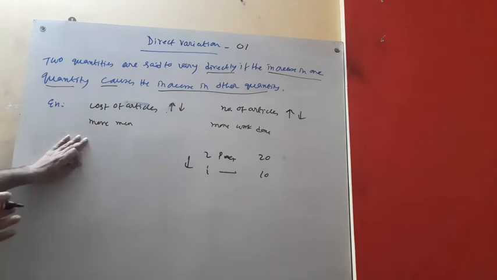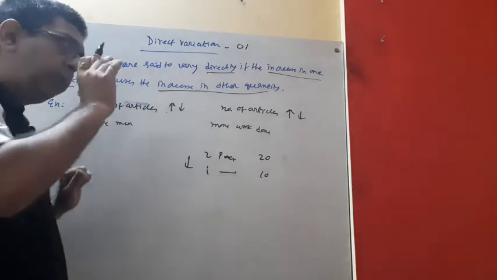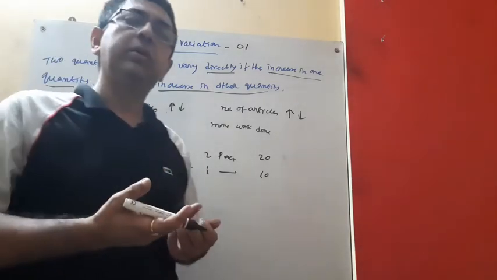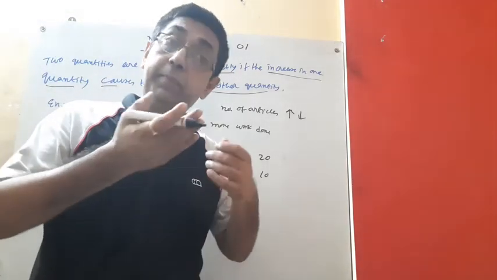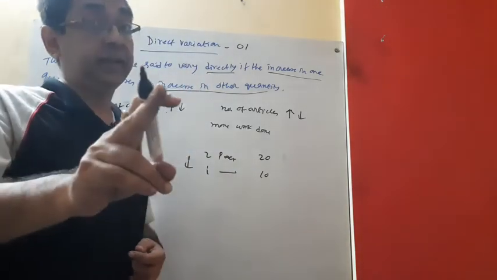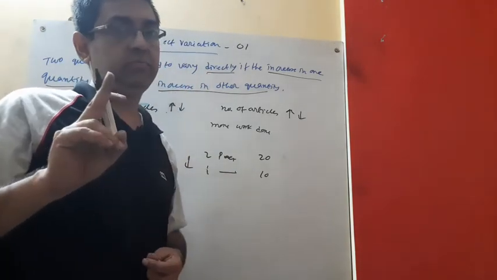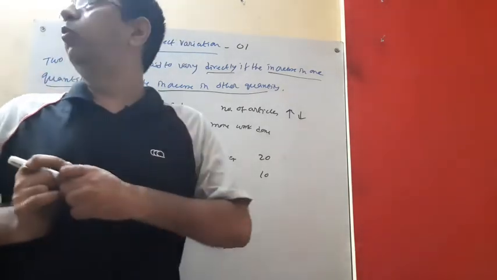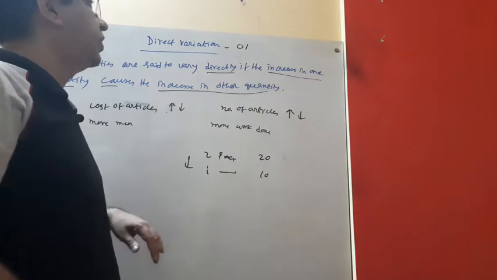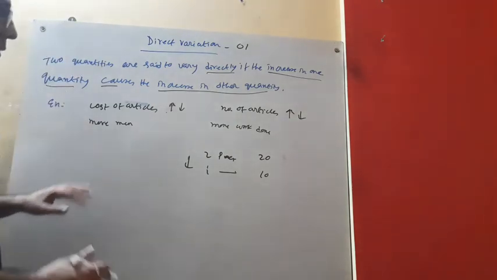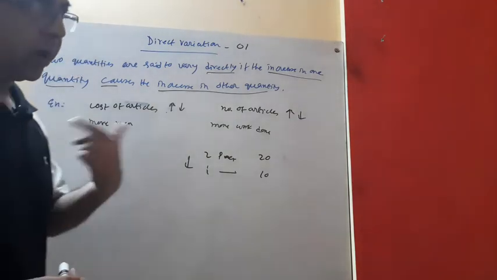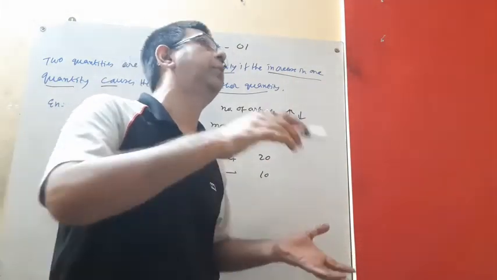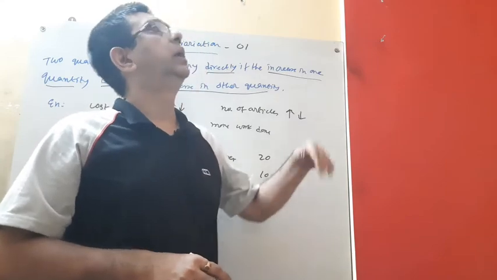Suppose more men, more work. If the number of men increases, the work done will be more. If the number of men decreases, the work done will be less, provided the number of days is constant here. Suppose we have to whitewash this room. If we employ one man, then some portion of the work will be done.